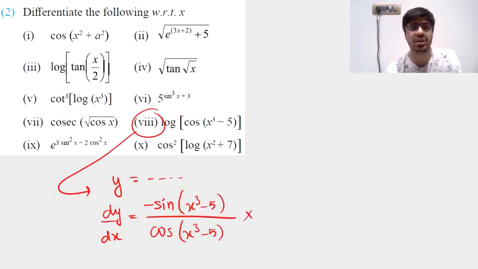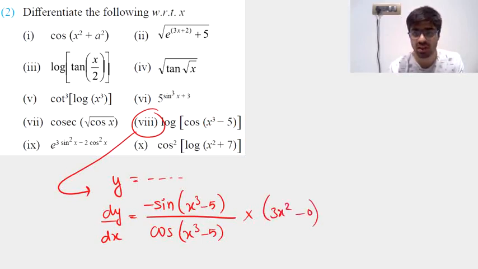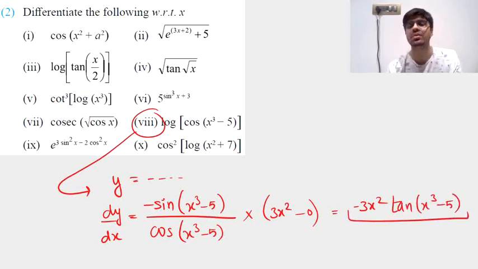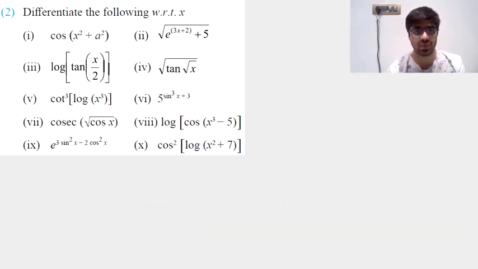You further multiply with the derivative of whatever was there in place of x, that is x cube minus 5. Its derivative will be 3x square minus 0. You can simplify that and write it as minus 3x square sine of something upon cos of the same thing, that is tan of that thing, which is tan of x cube minus 5. So minus 3x square into tan of x cube minus 5 is the final expression for dy by dx.